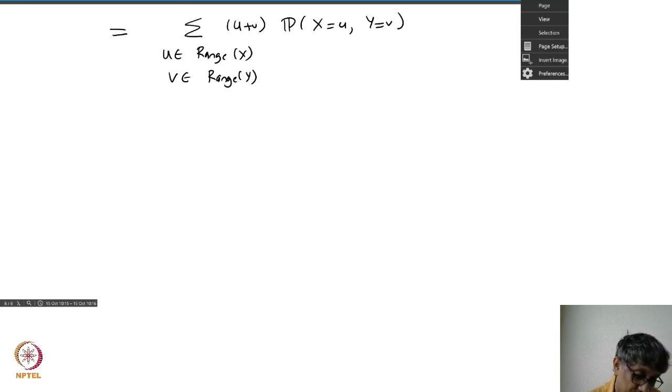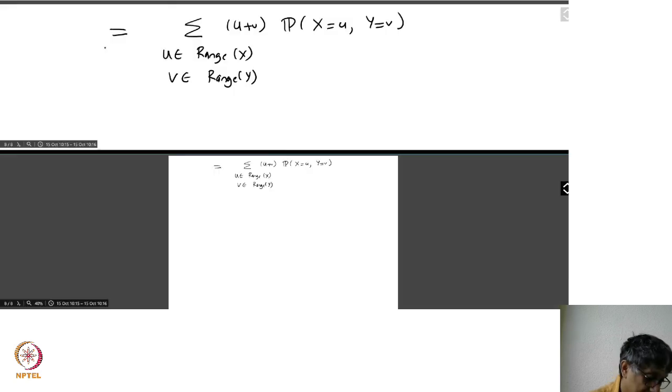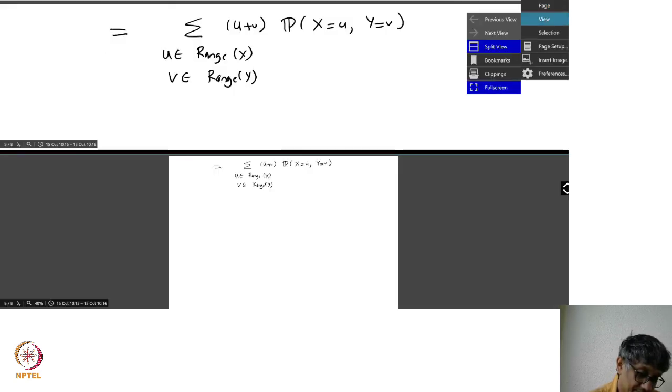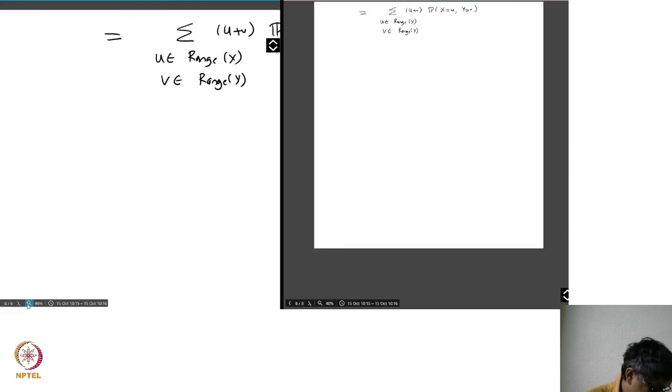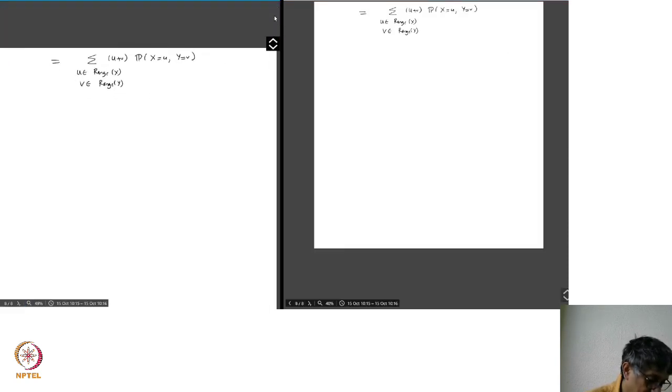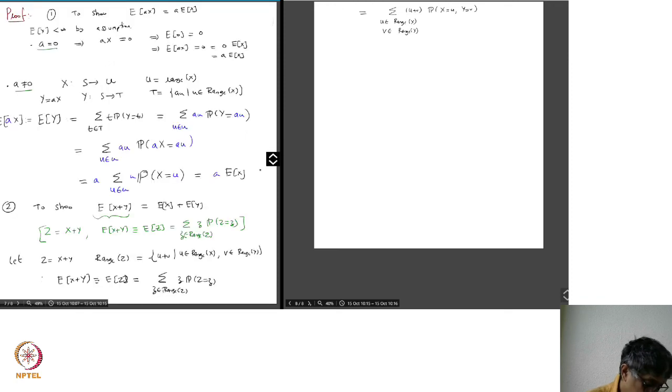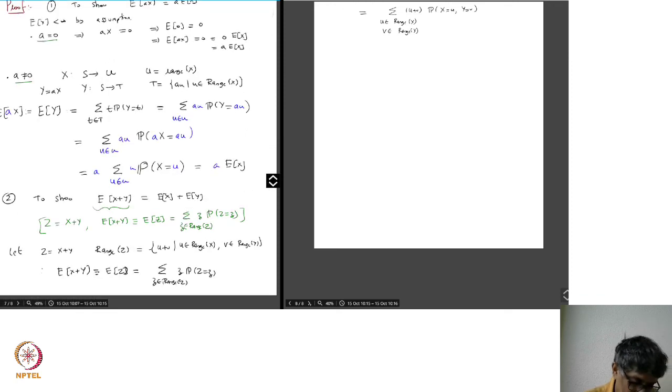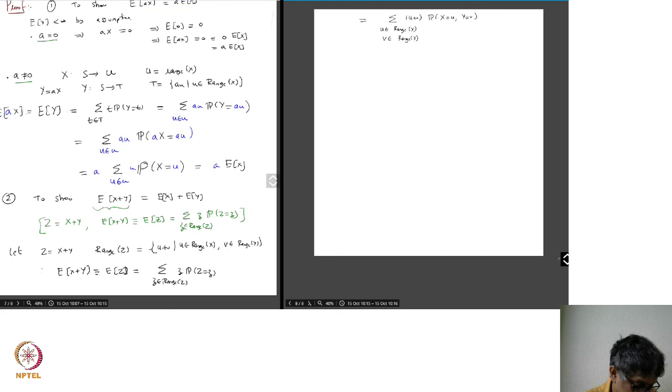Let me just walk you through this again. Look at that. So what I did was I said I wanted to identify the probability that z is equal to little z, and the way one does it is you try and understand the range of z is just u plus v, for which u is in the range of x and v in the range of y.